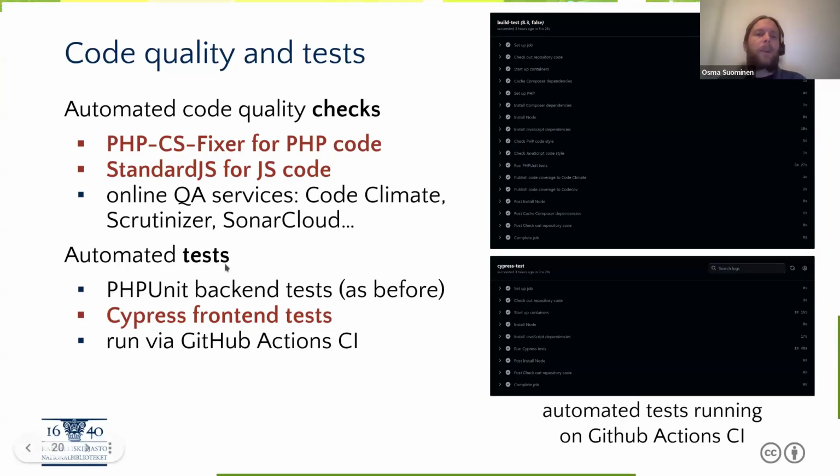We also improved the automated tests. As before, we have PHPUnit tests for the backend, but now we also have front-end tests with Cypress, and we have automated all of this so that both of these are run through on the GitHub Actions continuous integration platform. If you're familiar with that kind of development, this is how it looks: all the tests are executed on the GitHub side every time you make a change.